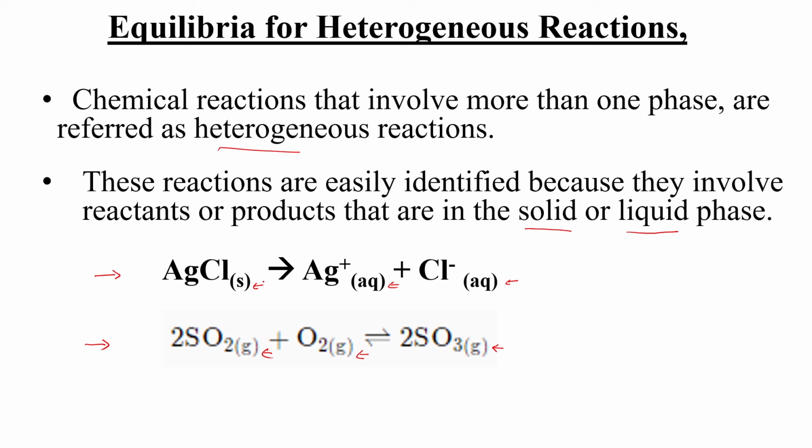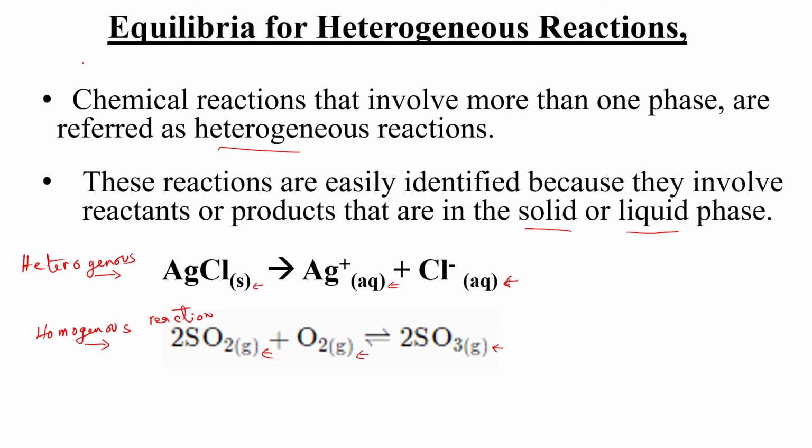So more than one phase is involved in that reaction. If more than one phase is involved, then the reaction is a heterogeneous reaction, and this one is a homogeneous reaction.